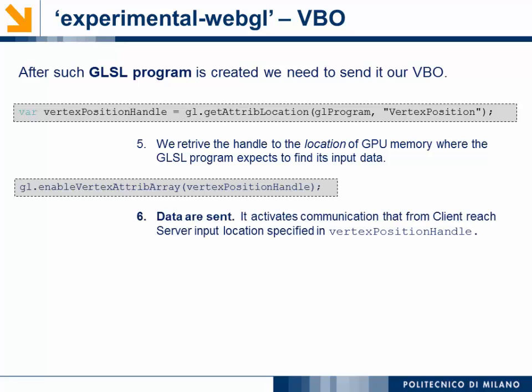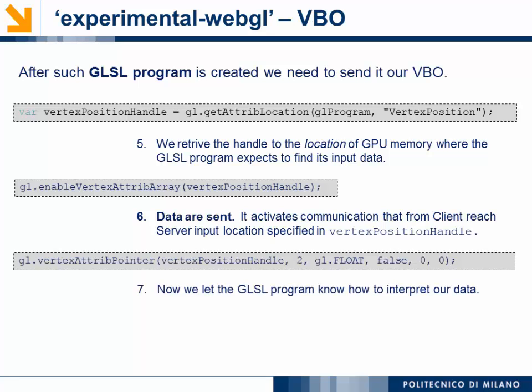Then we enable the communication between the two parts. Usually this is not open by default. And then we send the data from the buffer to the compiled GLSL program.